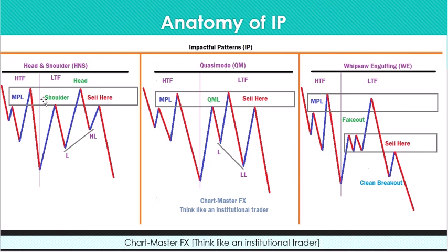Once you go to your M30, you identify a valid decision point such as an MPL or a QM level, or a double maru. Once you identify those kind of patterns, then you go to a lower time frame, which is the M15. Then you wait for a head and shoulder to formulate. Then you can trade.